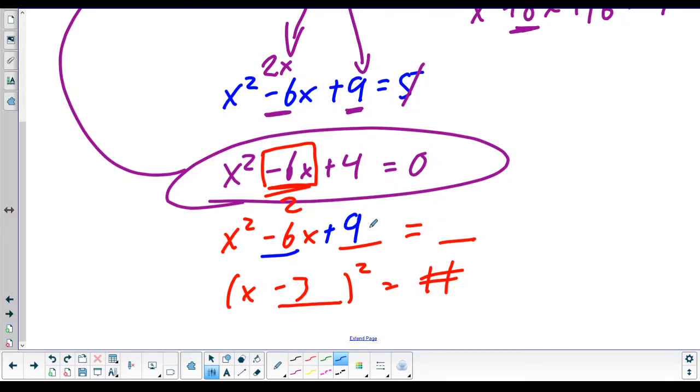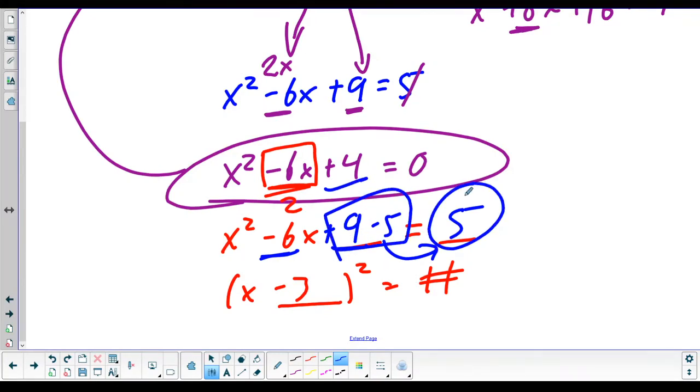All right, now we think to ourselves, how do we turn a 9 into a 4? Because it still has to be 4, right? So 9 minus 5 would be 4, and then we just move the 5 back over. Okay, and this is pretty much completing the square at that point. So we're going to figure out what are these numbers, and then we're going to use this information to get back to our 5.